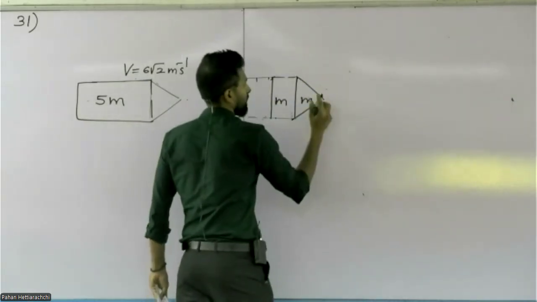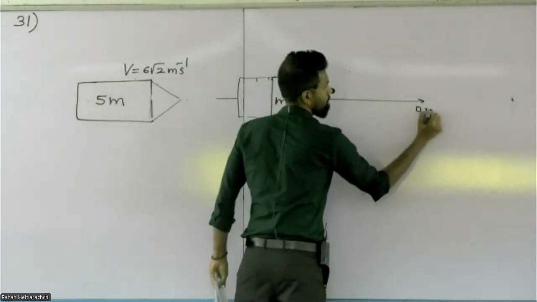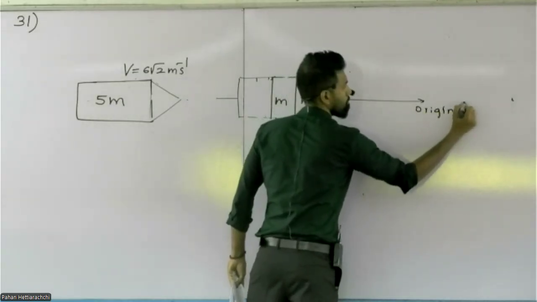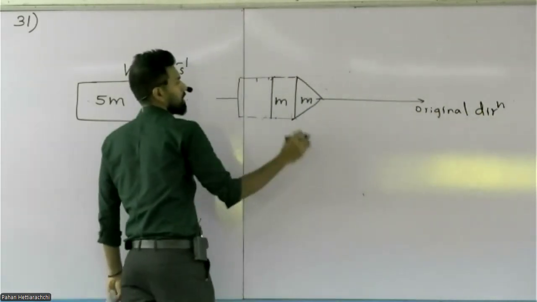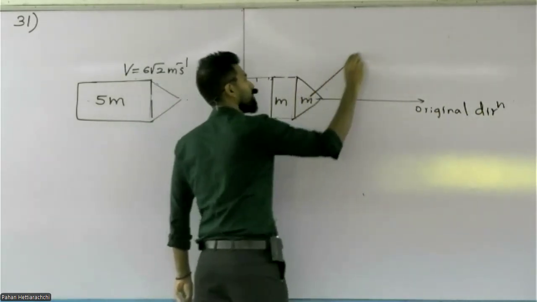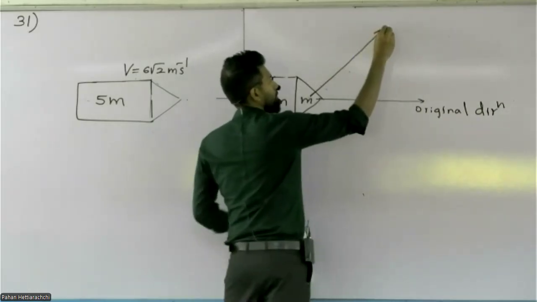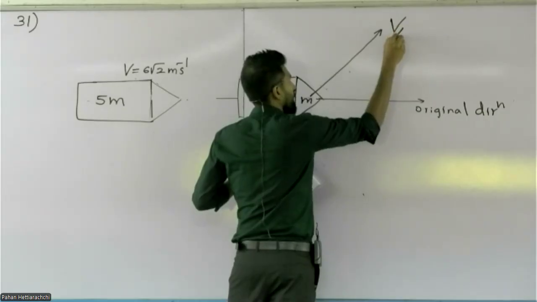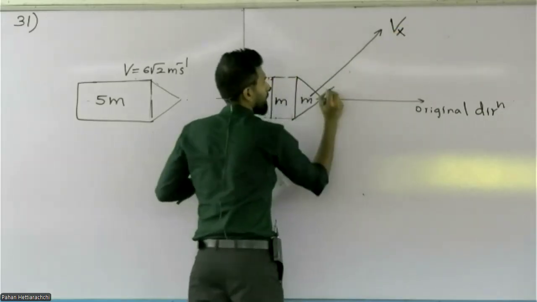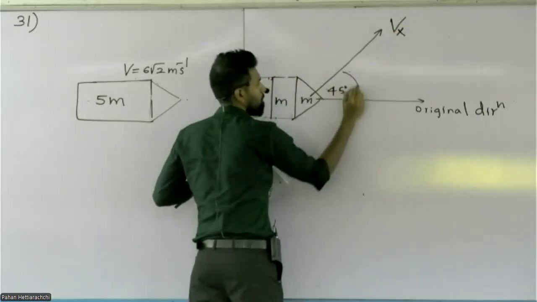This is the original direction. This part is moving with the velocity v1, let's say vx, at an angle of 45.